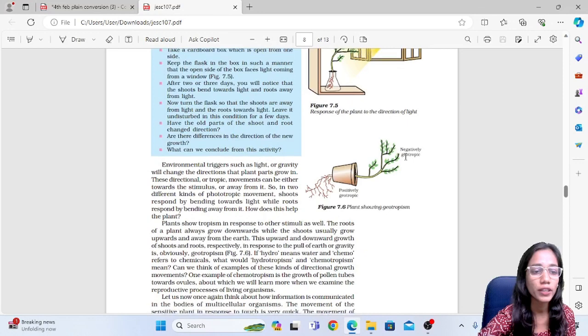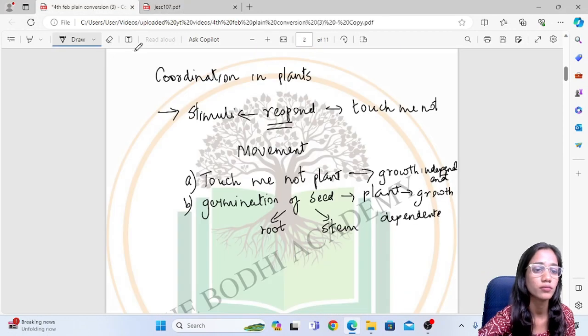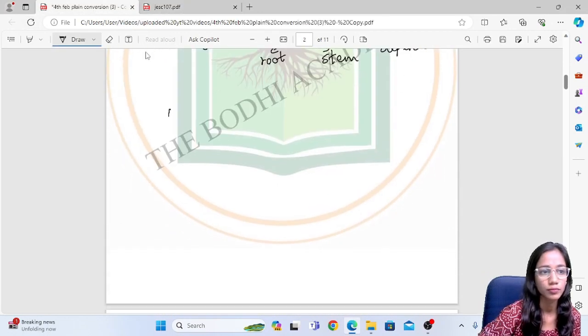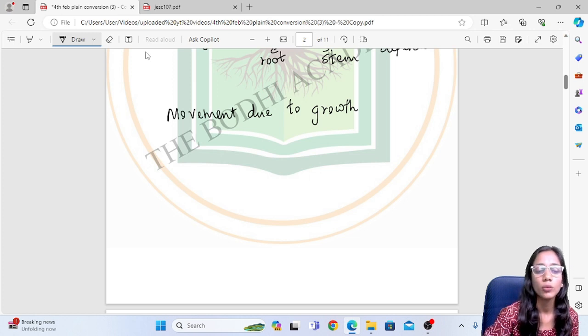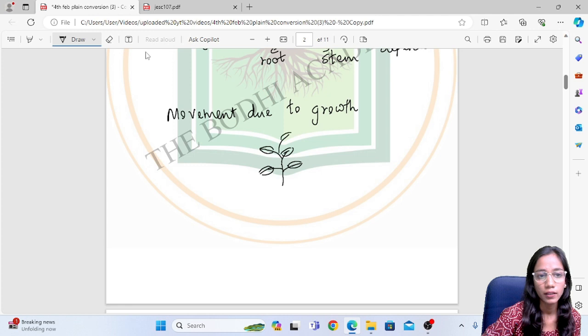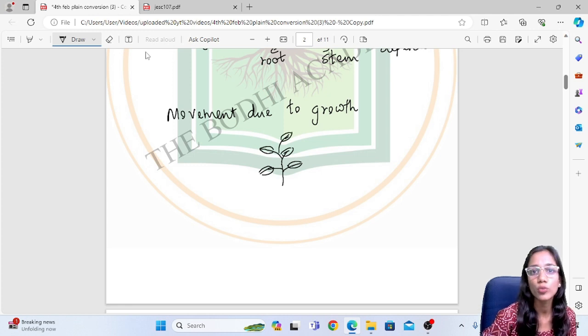Now, movement due to growth. When a plant is growing, it is growing in response to a stimulus.